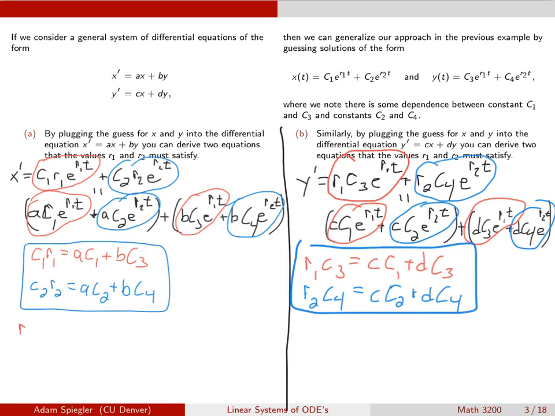So r1 needs to satisfy that c1 r1 is equal to a c1 plus b c3, and c3 r1 is equal to c c1 plus d c3. And the conditions for r2, these are the ones that were in blue.